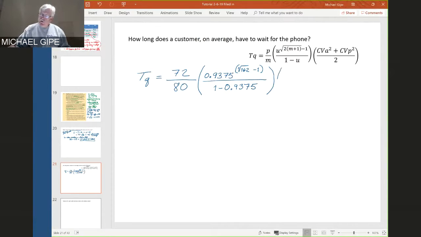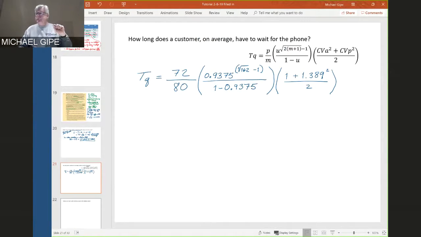That's our utilization factor, and then we'll look at the variability factor. 1 squared plus 1.389 squared, over 2. So that's the coefficient of variation for the inter-arrival time, which is 1, Poisson arrival, exponential rate.